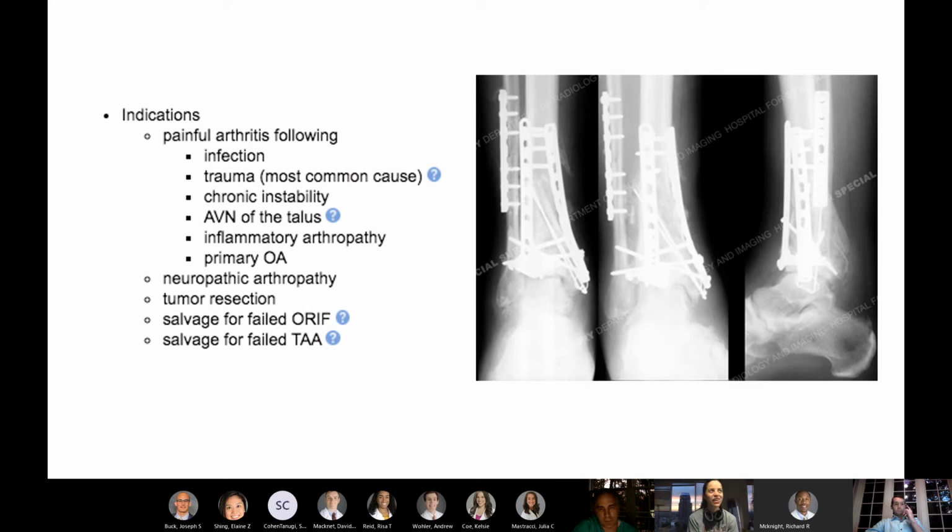And again, these are typically in patients under 50 in this day and age, but they may ask you about active individuals, major bone loss, those types of things. Neuropathic arthropathy, you can't put a total ankle in. And so if they have significant neuropathy, you're going to do an ankle fusion and not a total ankle. And then you can utilize it for a failed total ankle. But again, they won't ask the specifics on that.